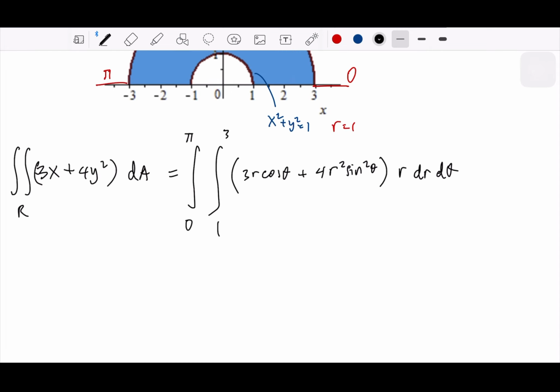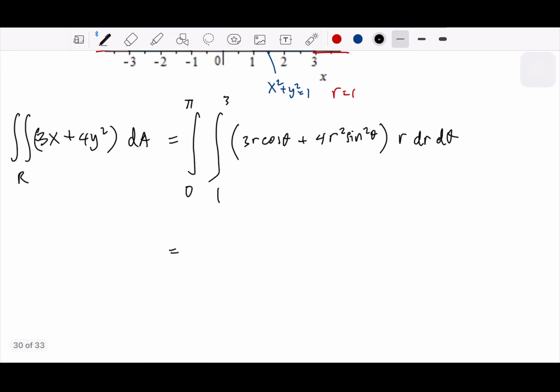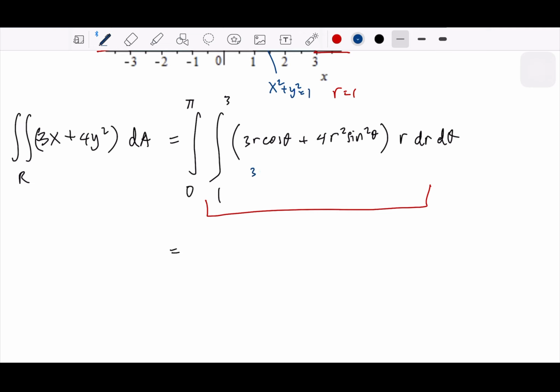Okay, now let's start with the inside integration. So this becomes 3r squared cos theta plus 4r cubed sine squared theta.